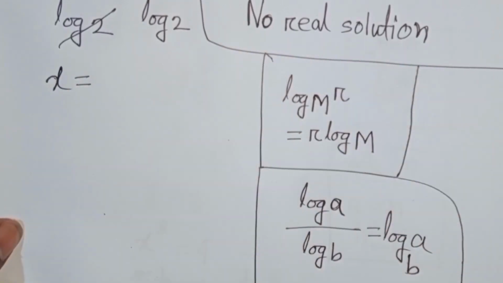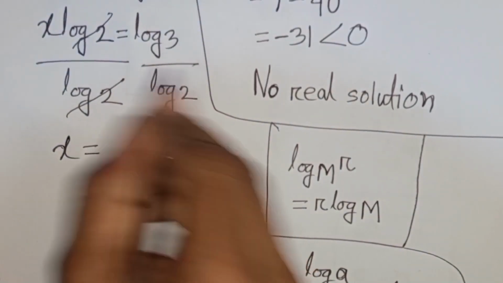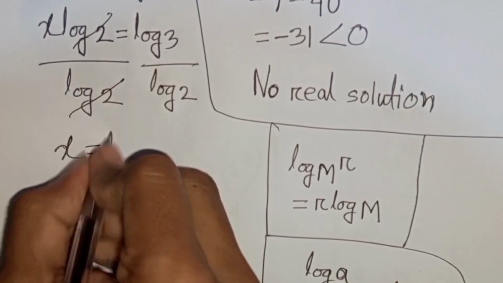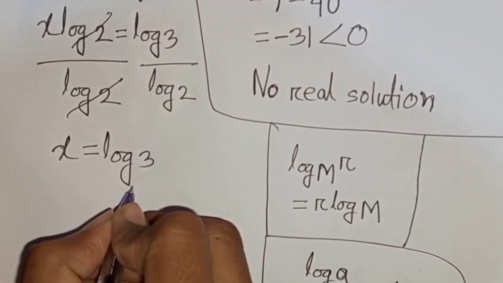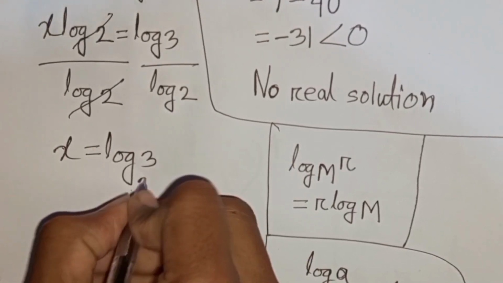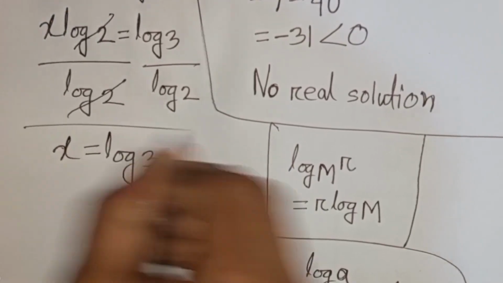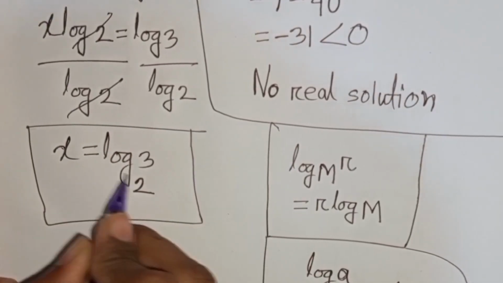So according to this formula, this divided by this means it will be log 3 base 2. So this is the value of x.